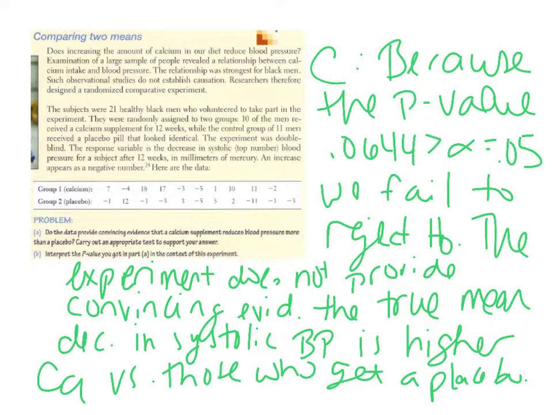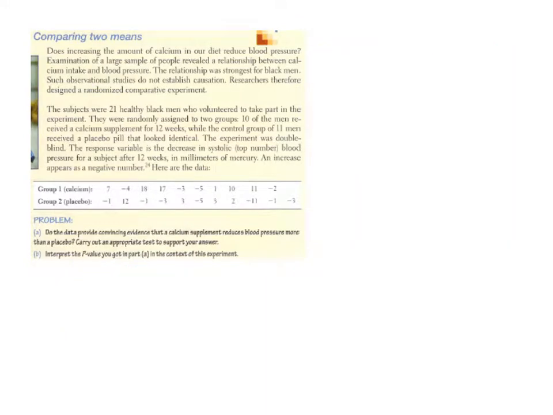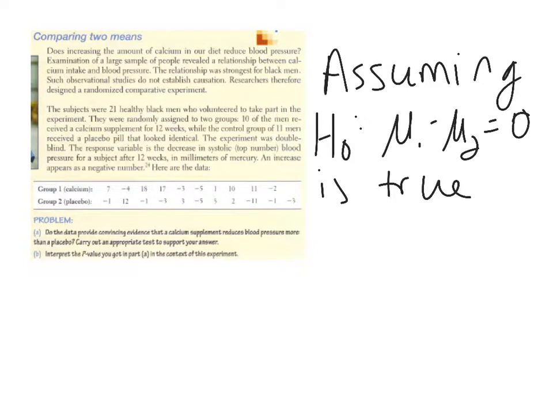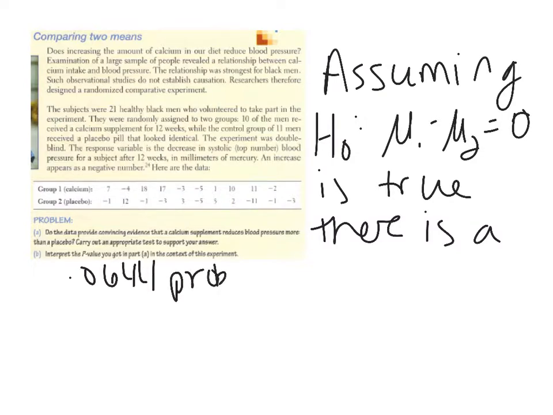Okay? And then part B for this has us interpreting that p-value. So when we're interpreting that p-value, we've got to start with the fact that our null hypothesis is true, right? So assuming that null hypothesis, whichever way you prefer to write it, but basically that the difference is zero, is true, there is a 0.0644 probability of getting, and what were we looking for?